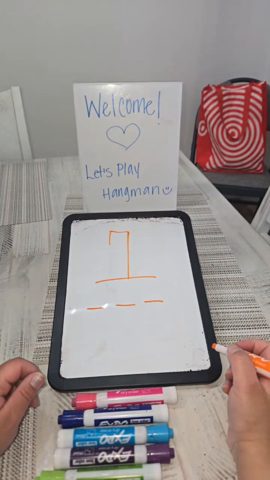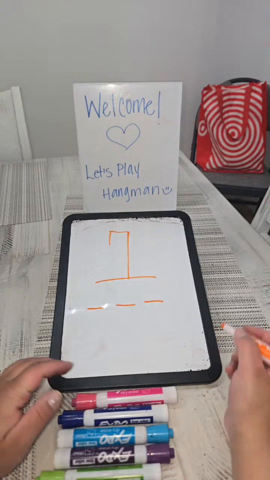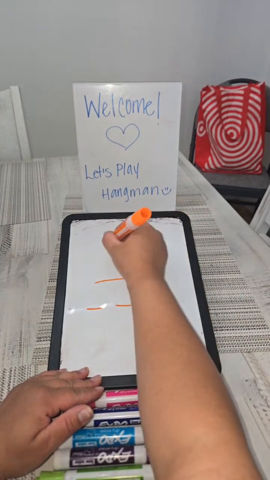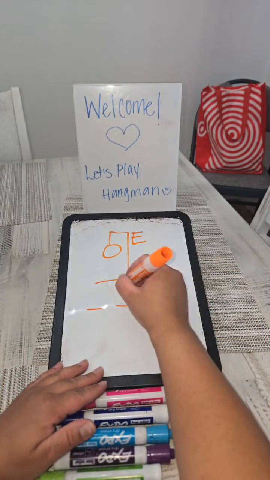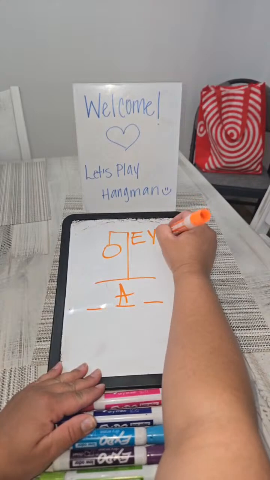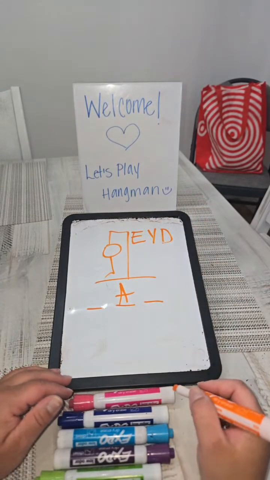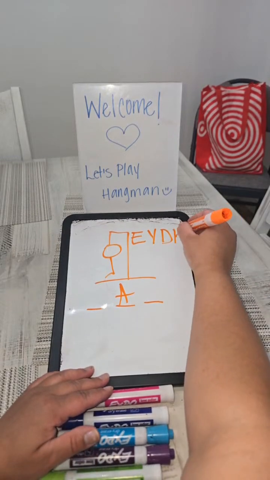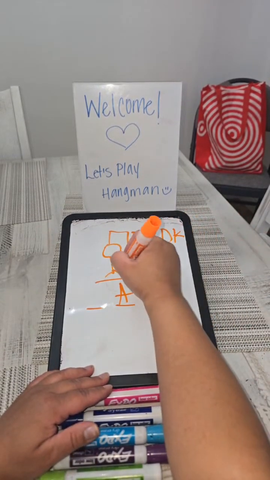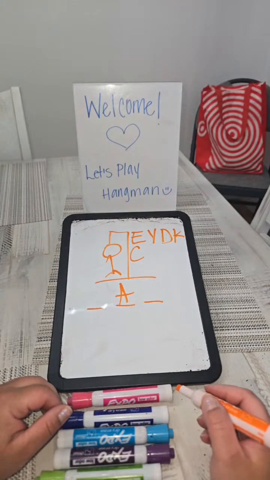E. There's no E. AYD. KCD. KC, and then the D is already there.